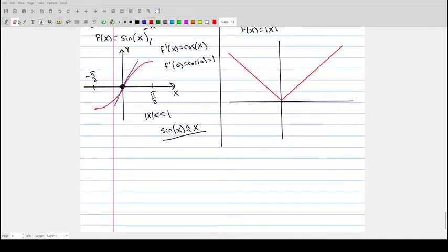And you can show using the limit definition of the derivative that the limit of that difference quotient, as delta x goes to 0 from the positive side, of the absolute value of 0 plus delta x minus the absolute value of 0 over delta x, the same thing as the limit as delta x goes to 0 from the positive side of the absolute value of delta x over delta x, is equal to 1.